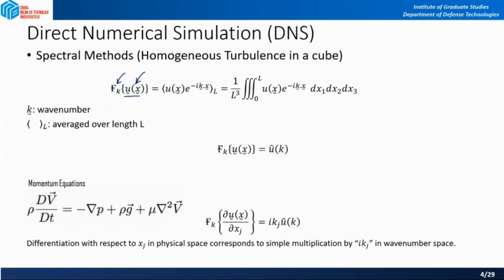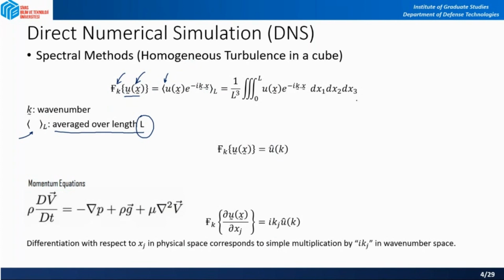F_k of physical velocity is the average, this bracket sign means averaged over length L. So the average of what? The average of your velocity times e to the power minus i k dot x. And as I said, it is the average over length L, and k, as you know, is your wave number.